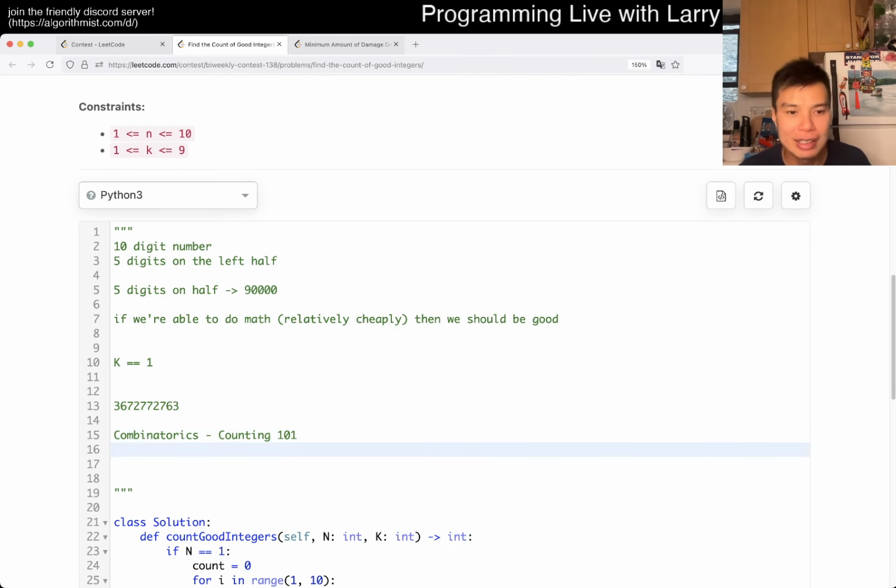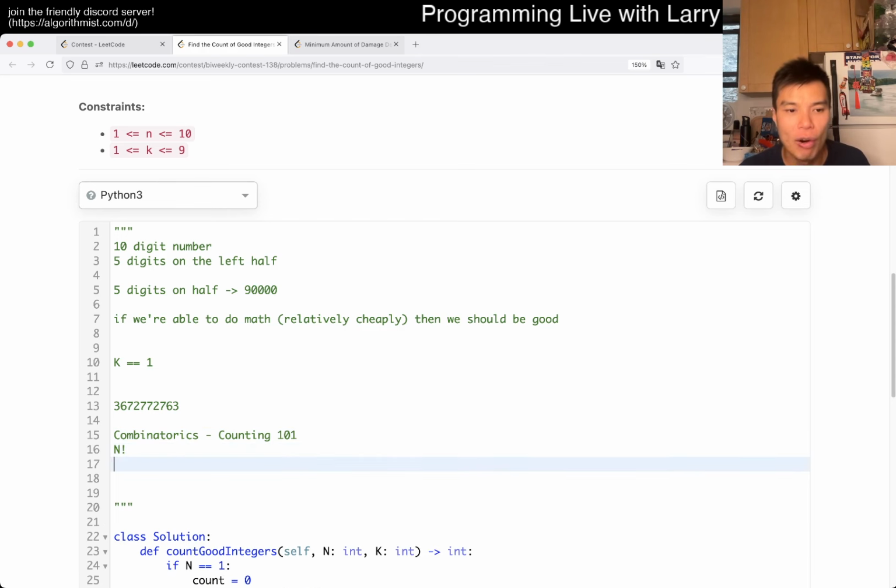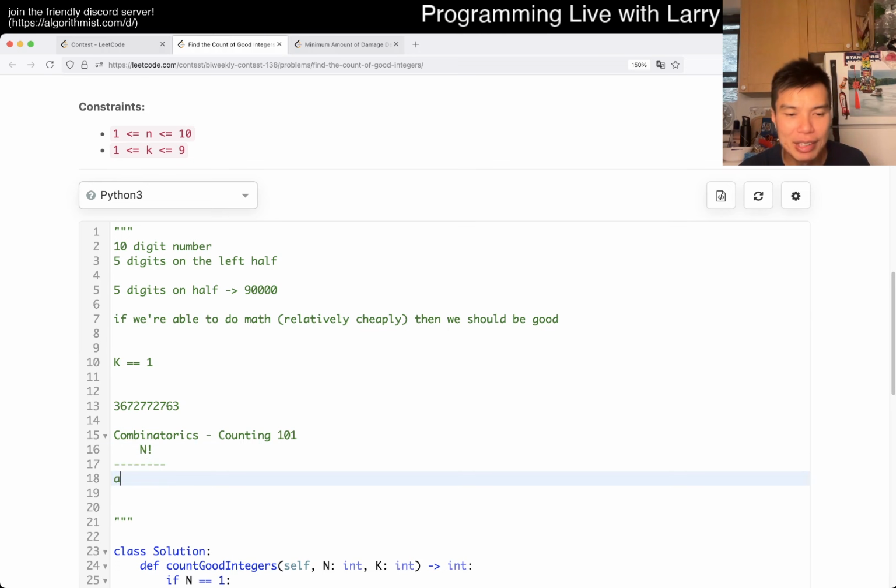The idea here is that it's n factorial, in this case 10 factorial, over a sub 0 factorial, a sub 1 factorial, a sub 2 factorial, and so on, multiplied together.